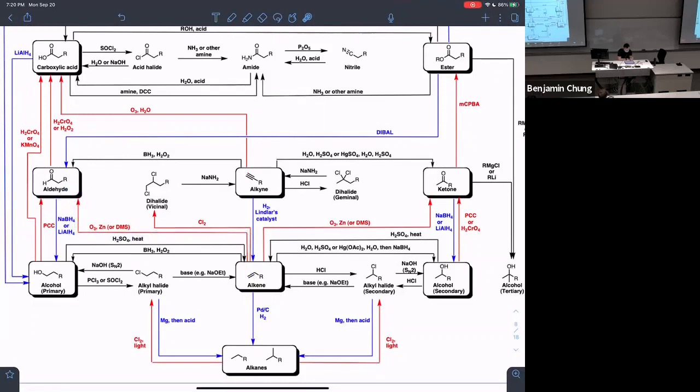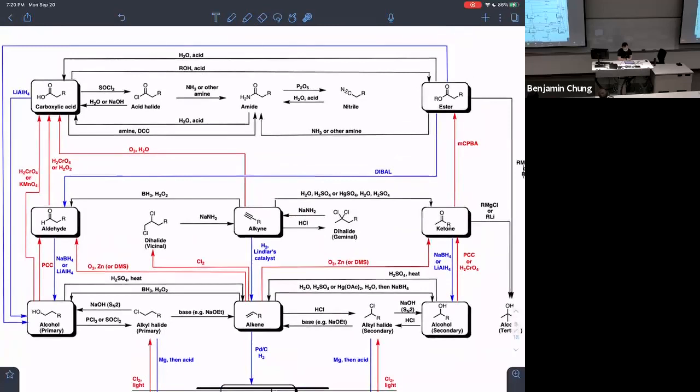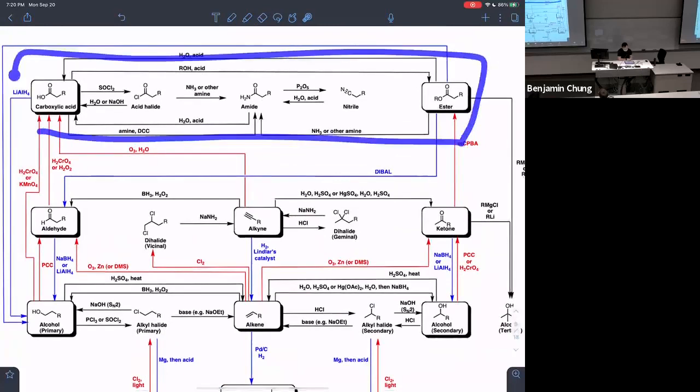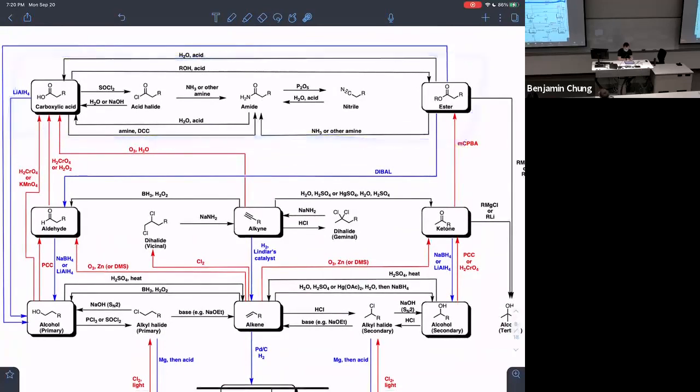So I would invite you to take some time to go through all of these arrows and make sure that you know what reactions they are. I did talk about a lot of them already. I didn't talk a lot about carboxylic acid interconversions. I'll talk about that after our break.